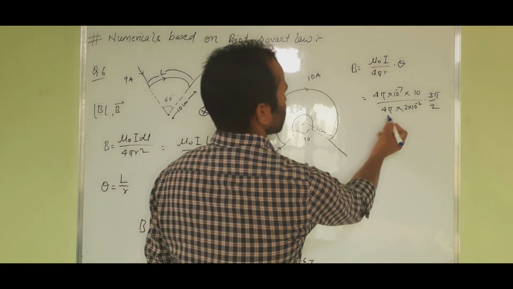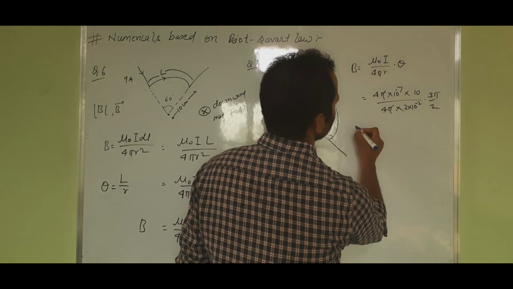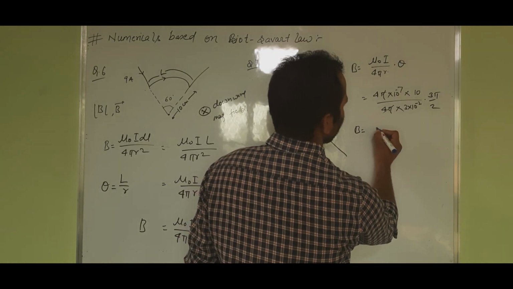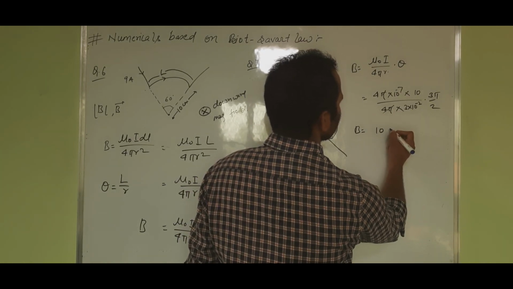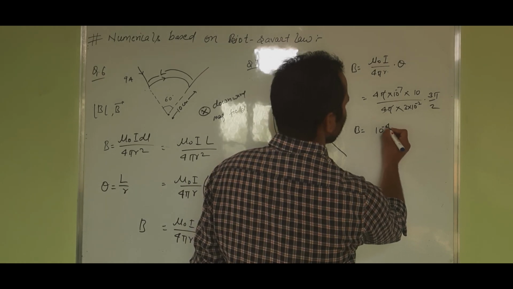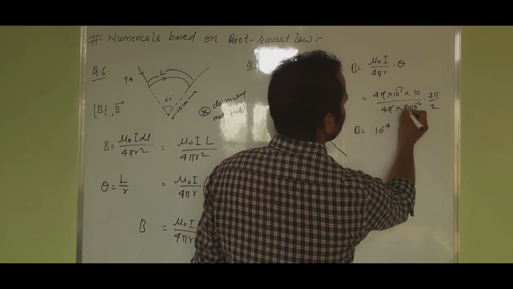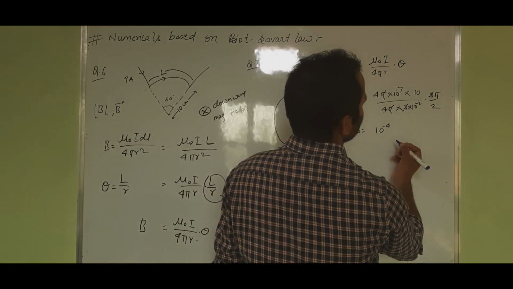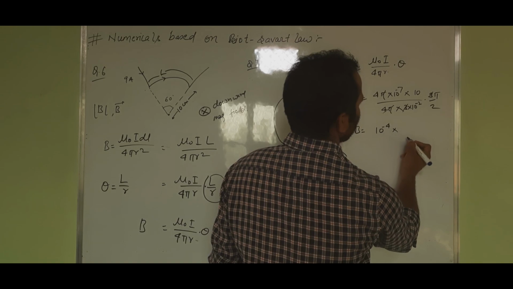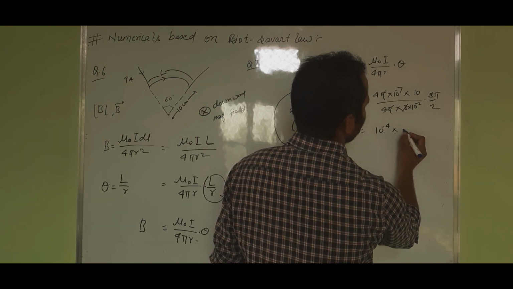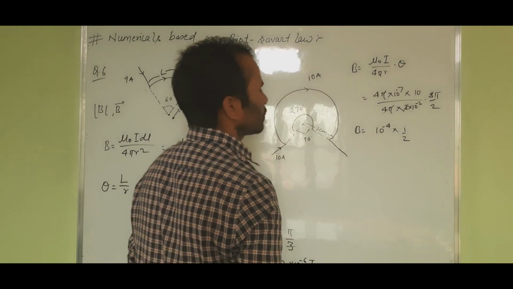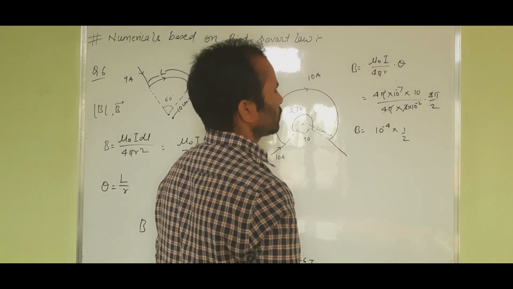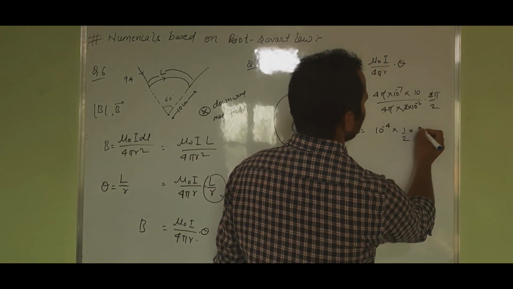After calculating this, we get 10 to the power minus 4, 3 to 3 cancel, and 1 by 2 into pi.